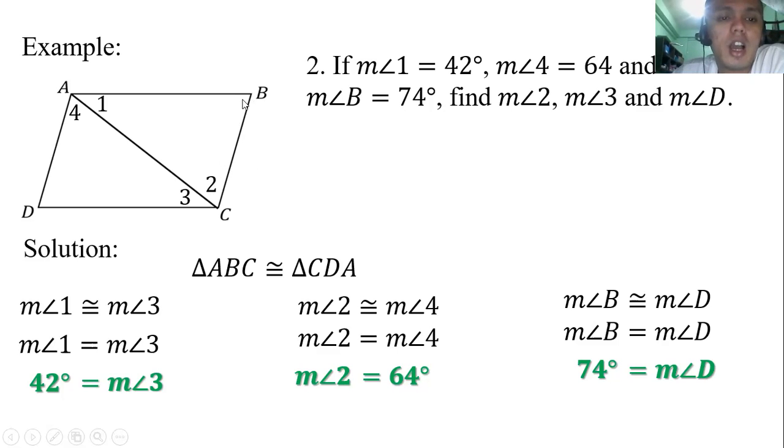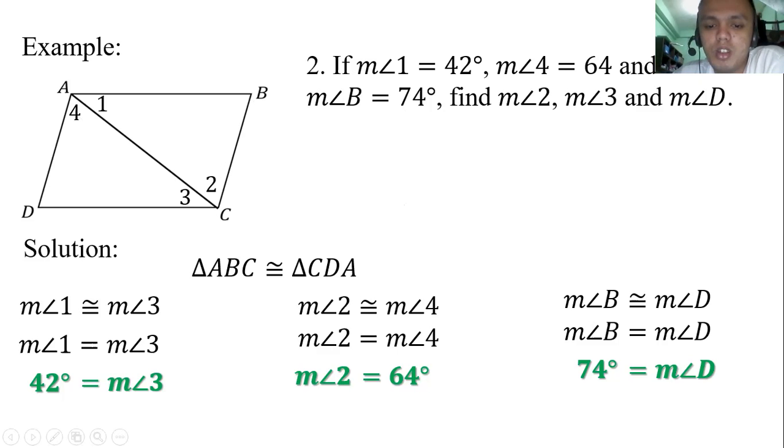The next, angle B and angle D, they are opposite angles. So if your B is 74, angle D is also 74. And then 64 plus 74, the sum of it, subtract from 180, and then the difference would be the measure of angle 3. So the process can be like that.